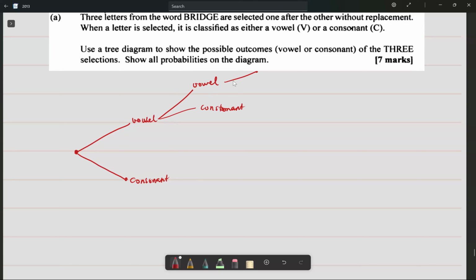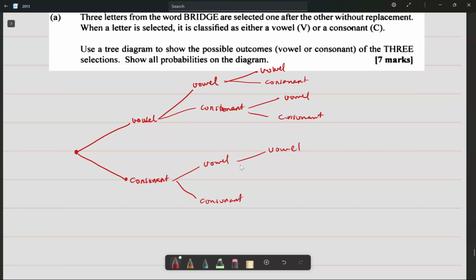And then once again, a vowel, a consonant, repeating the process, a vowel, consonant, vowel, consonant, vowel, consonant, vowel, consonant. So now, remember that it tells us that we need to have all the probabilities.